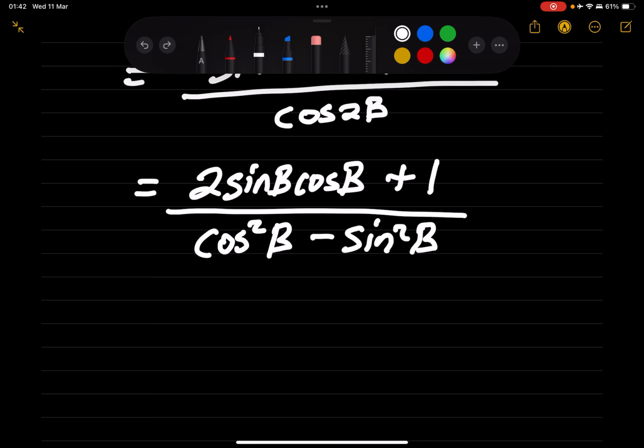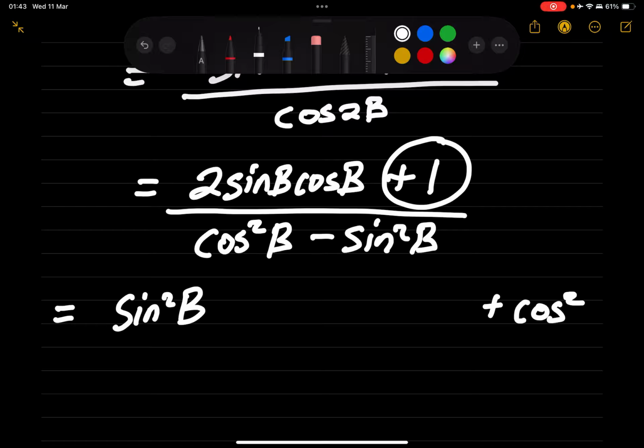And then let's go on. The 1, we're going to change it to sine squared theta plus cos squared theta. And I'm going to put sine squared b here, plus cos squared b at the end, and then in the middle I have plus 2 sine b cos b.